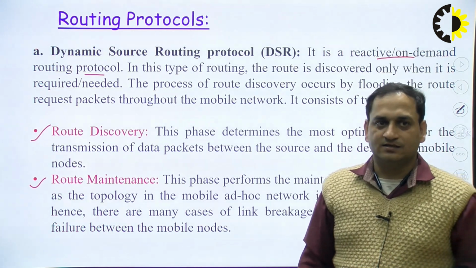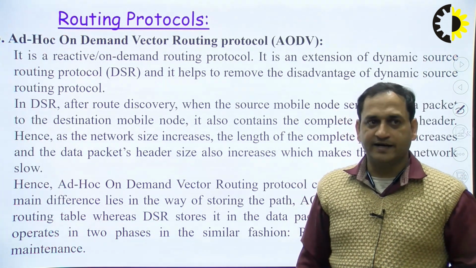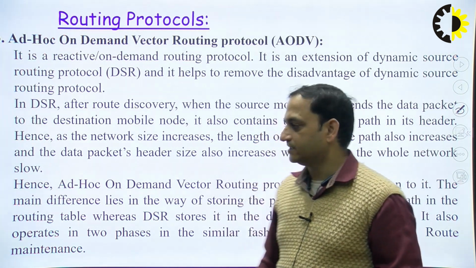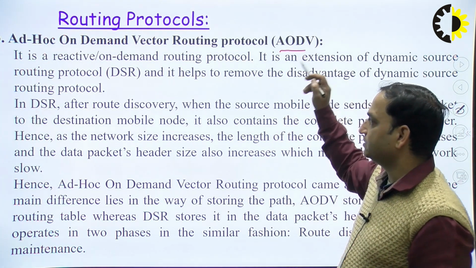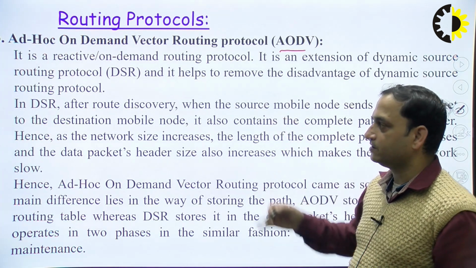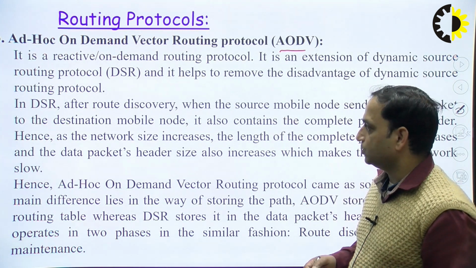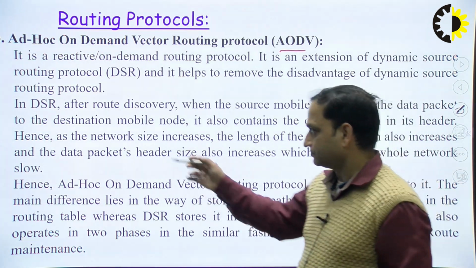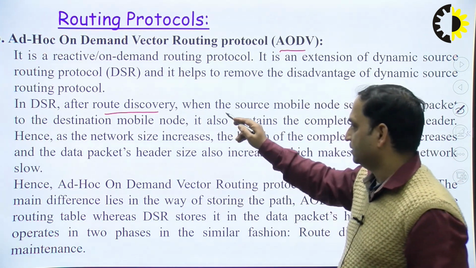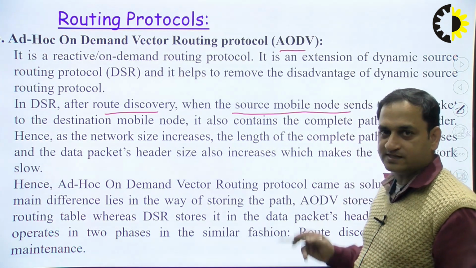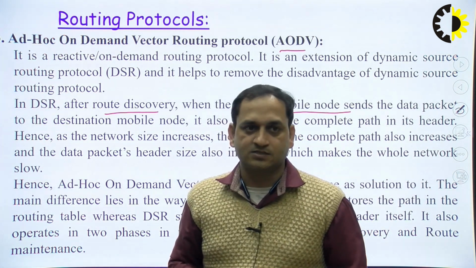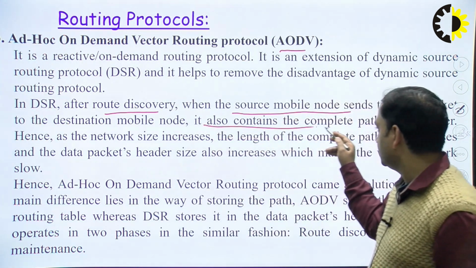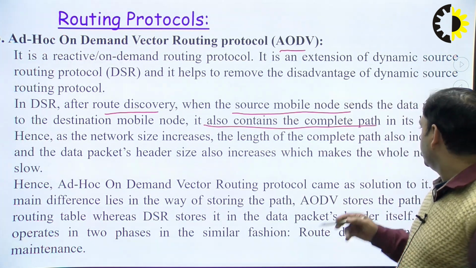Okay, so as I said earlier, there is the ad hoc on-demand distance vector routing protocol, that is AODV. This is the advancement of DSR, and it removes the disadvantages of DSR. In DSR, after route discovery, the source mobile node sends the packets to the destination mobile node, and each packet also contains the complete path in its header.